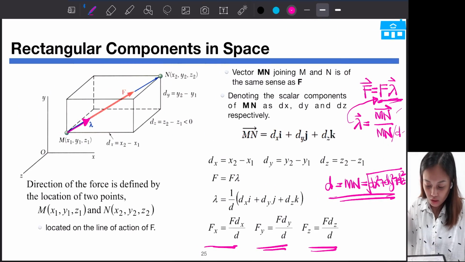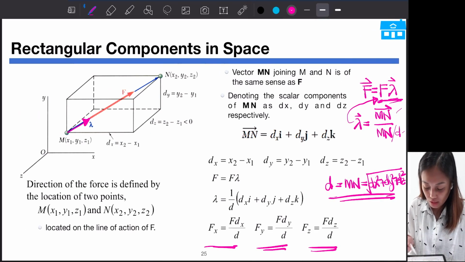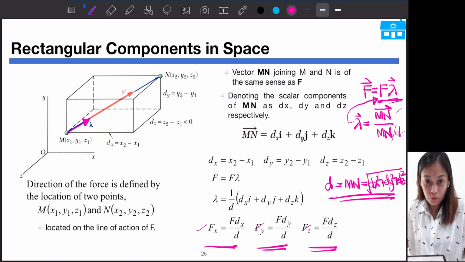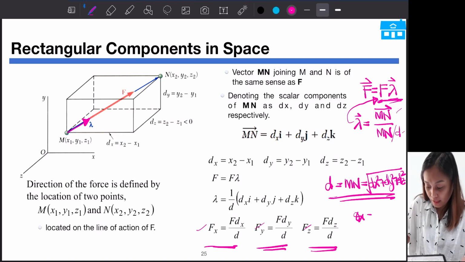Then we also need to solve for the directions. So, we have the Fx, Fy, Fz values. What are the directions of these components? Along x, y, and z: theta x, theta y, theta z.